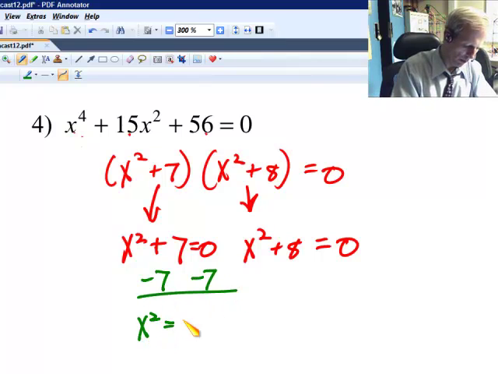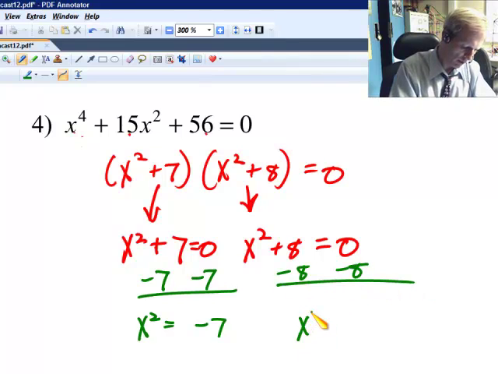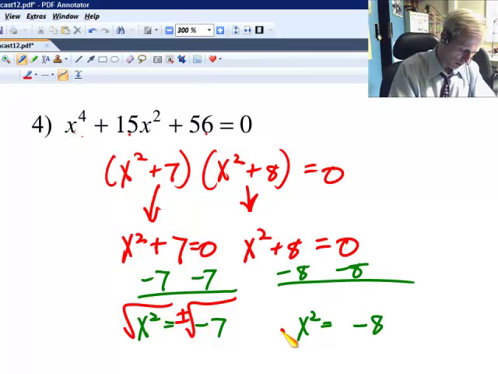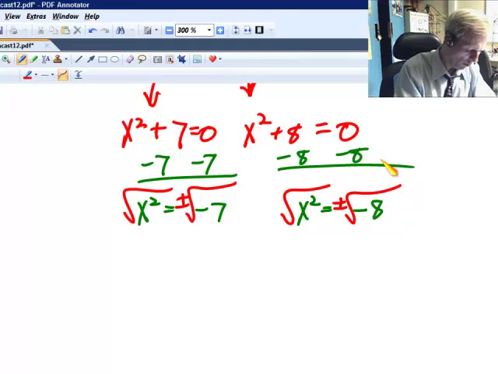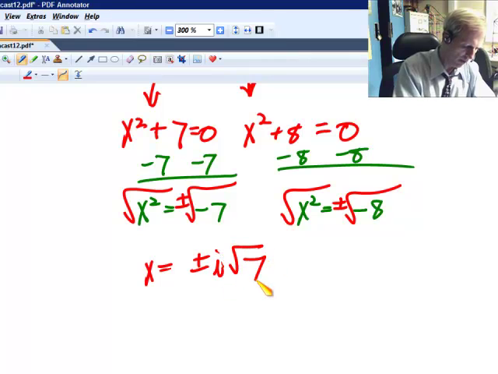So that gives me x squared equals negative 7. And over here I get x squared equals negative 8. And I take the square root of both sides, plus minus on the left, or on the right I should say. That's going to give me x equals plus or minus, and that'll be i root 7.